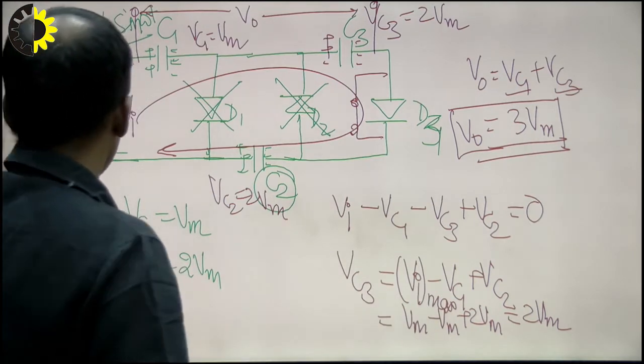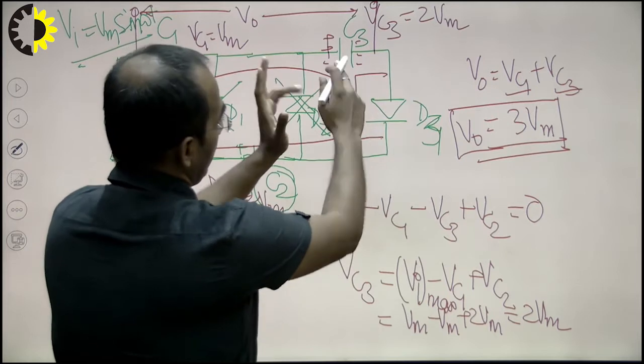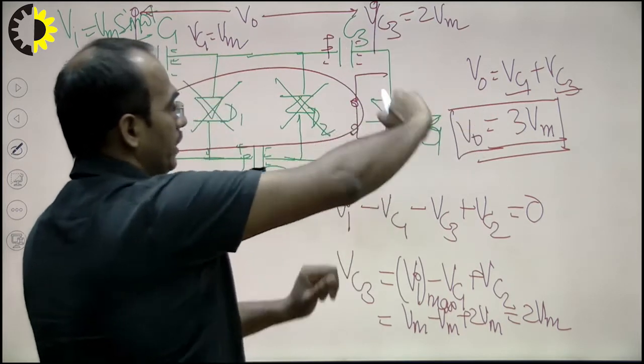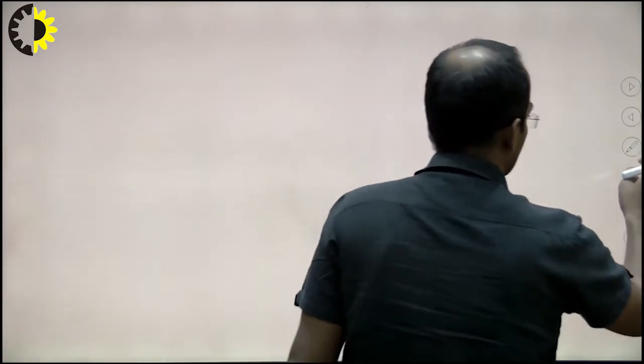Similarly, if I add a next part of the circuit, if I add this segment again, one capacitor here and one diode in upward direction, so what will happen? The circuit of the voltage quadrupler will be like this.